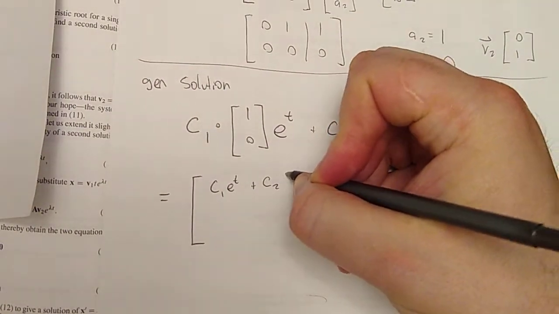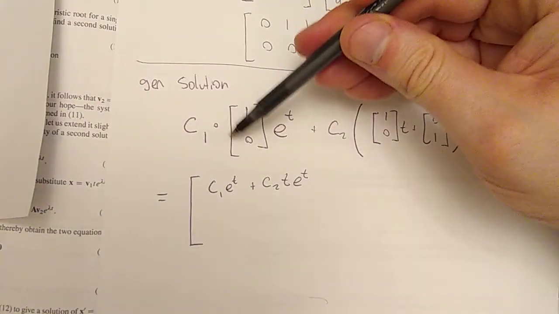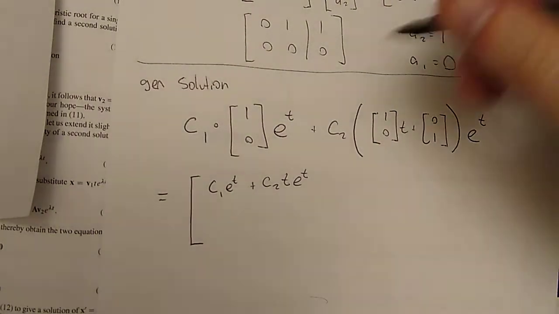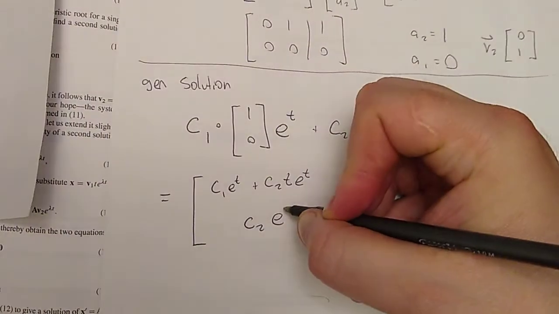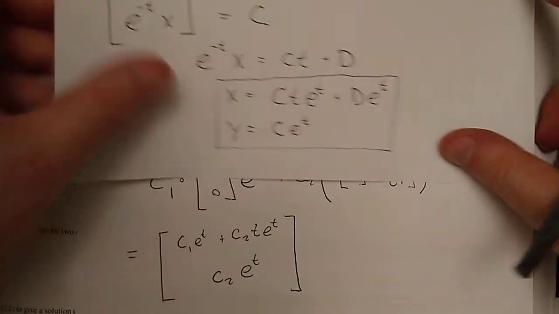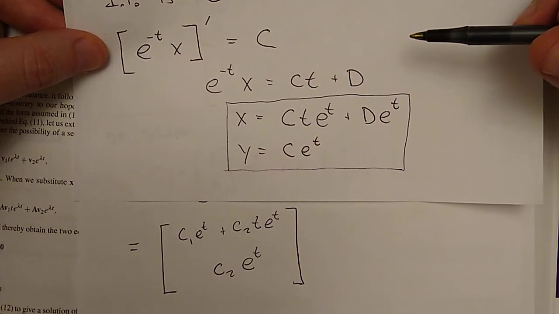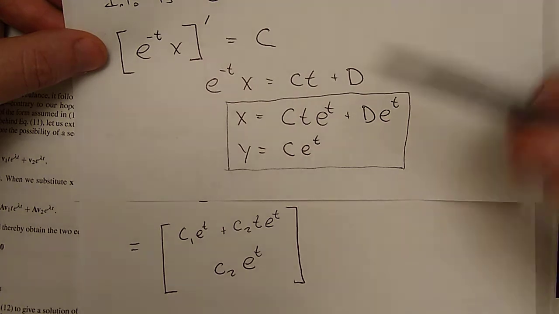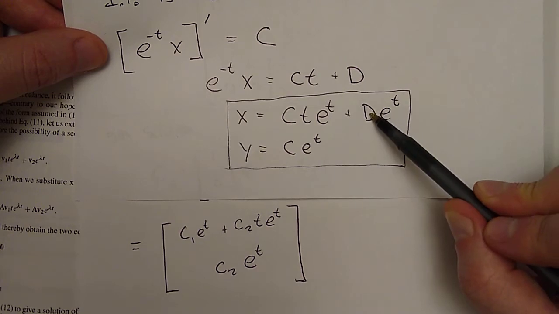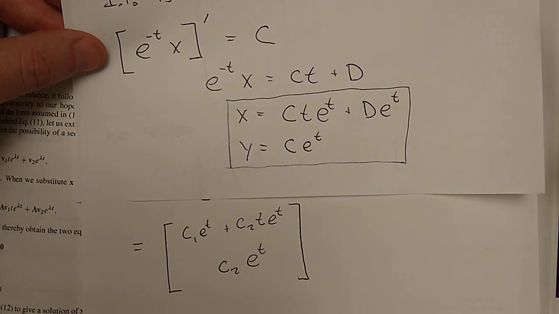So C2 t e to the t. On the bottom coordinate, I have nothing from here, and from here I would just have a C2 times 1 times e to the t. So C2 e to the t. And look, the solution we got the first time was this. So it looks like it's just a renaming of our constant. The one that we called C here is the one we're calling C2 here. And the one we're calling D here is the one we're calling C1 here. And it's the same thing.